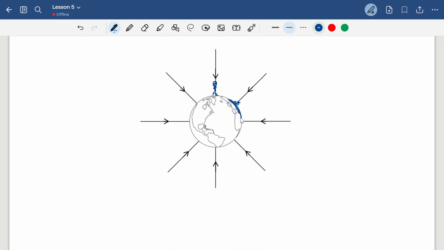So at every point on Earth, thinking of it in 3D, downwards means the gravitational field is perpendicular to the surface. If you extend all these field lines, they will all intersect at the center of Earth.